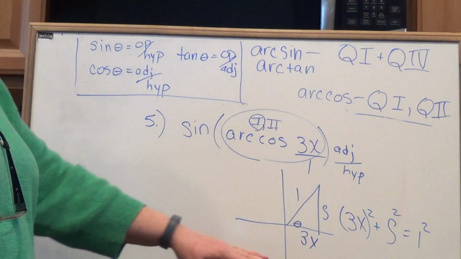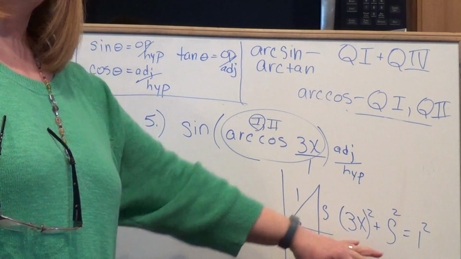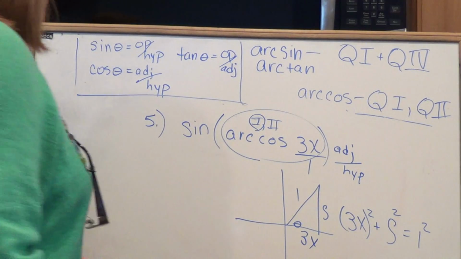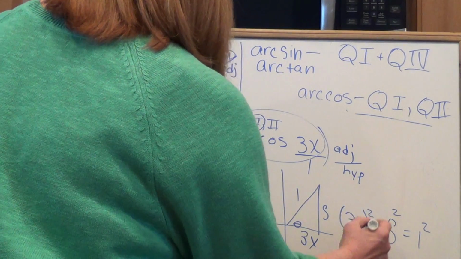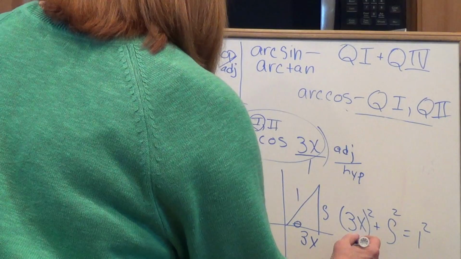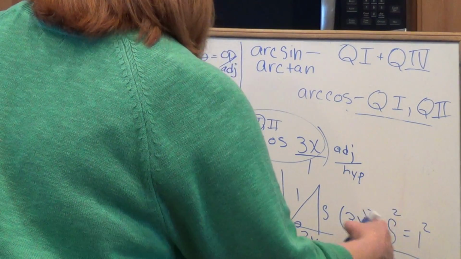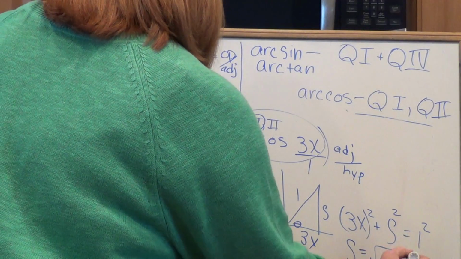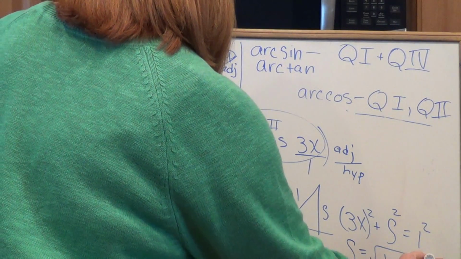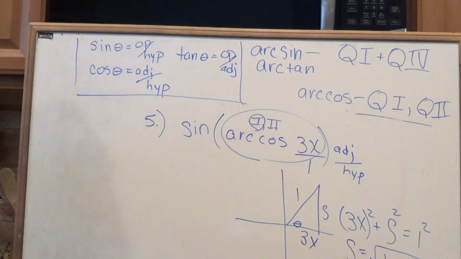Notice these are a little harder to use the Pythagorean theorem on, but not impossible. So I'm going to square that and move it to the other side, and take the square root. Square root of 1 minus 9x squared, all that under the radical. So that is my side.